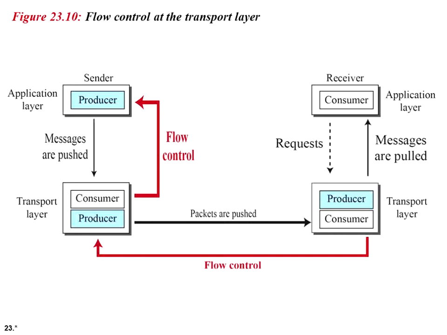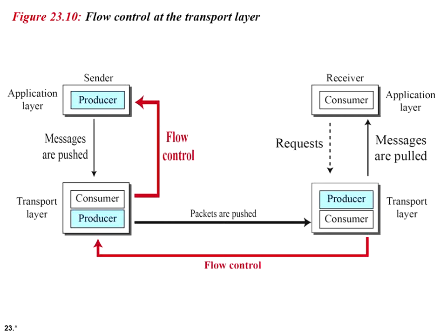So although flow control can be implemented in different ways, one of the solutions is to use 2 buffers, one at the sending transport layer and the other at the receiving transport layer.